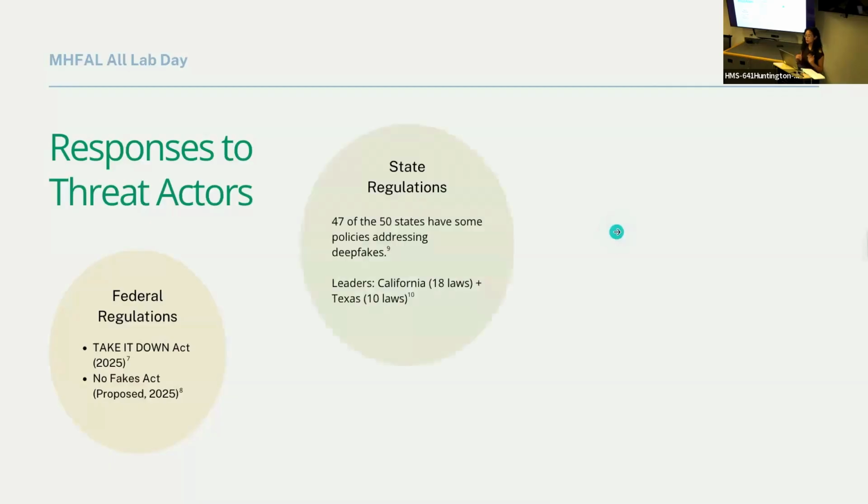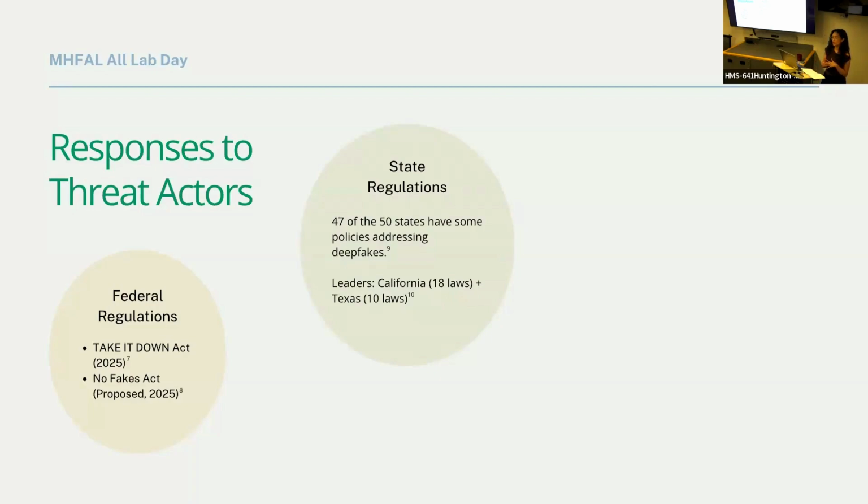Because we love states' rights, we also leave these responses up to the states. There are 47 of our 50 states creating policies addressing deepfakes, but the 47 states that actually have policies around this, it's usually around protecting people from non-consensual intimate images.